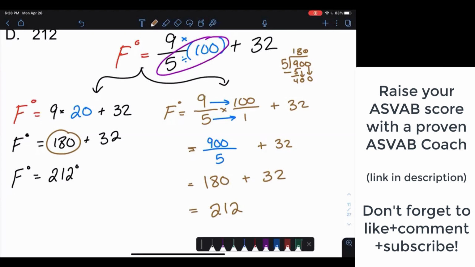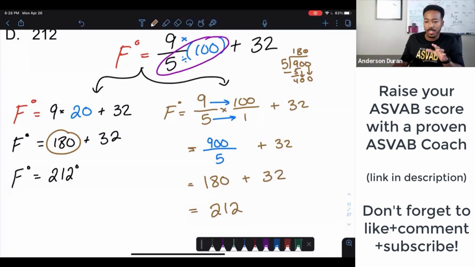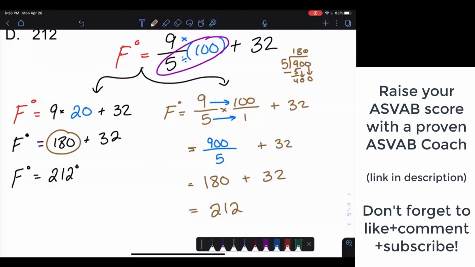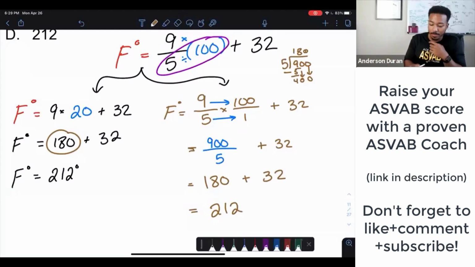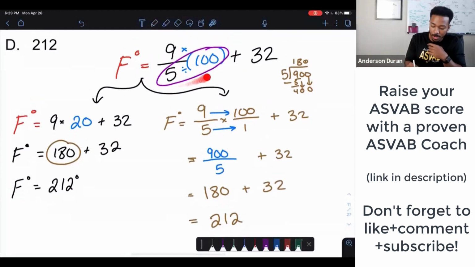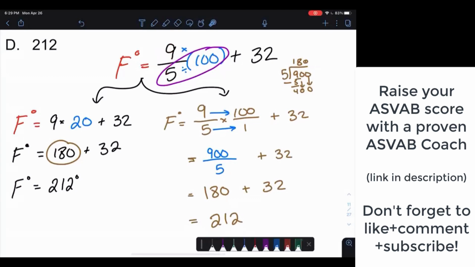Yes. Cool. Because the idea here is, again, to make it easy. How I just didn't understand how you said instead of doing 900 divided by 5, you can simplify it first. Yeah. So right here, you have 9/5 times 100.